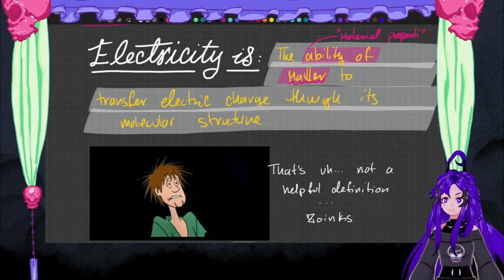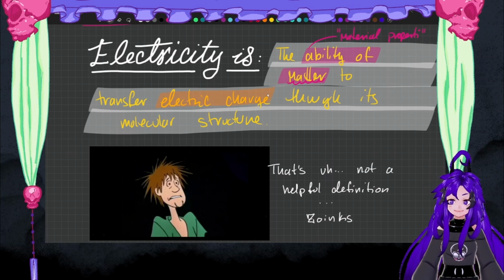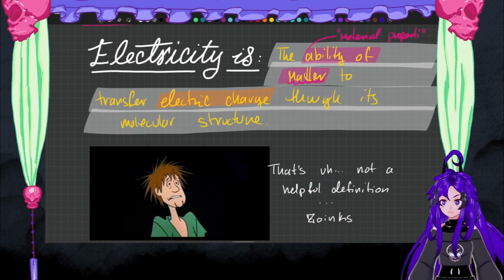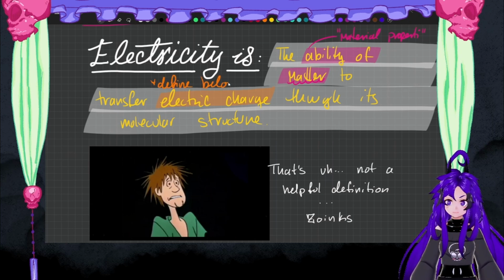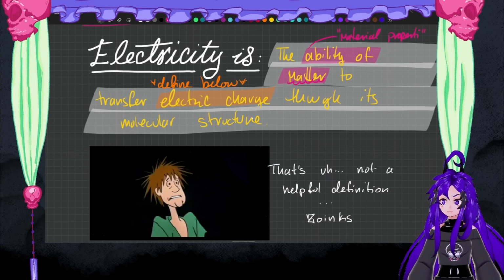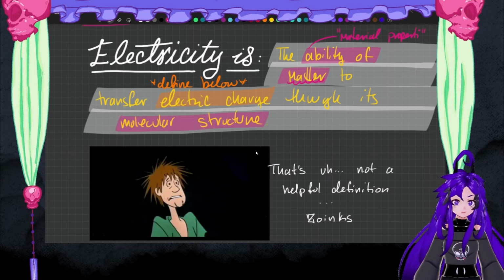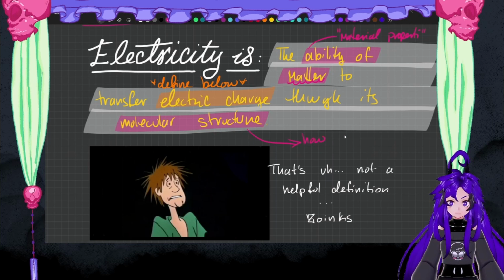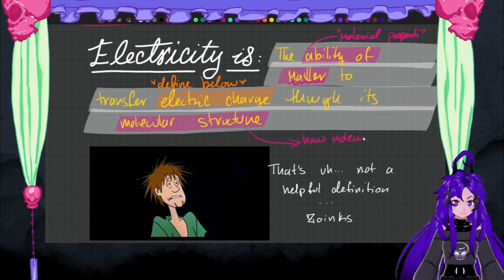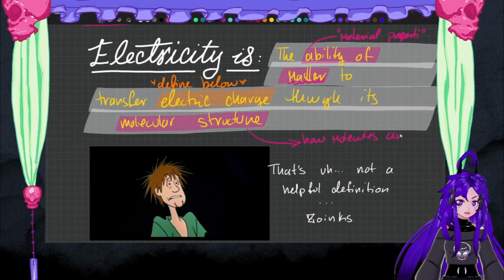All right, well, electric charges, that's something we'll probably have to define further down. We're going to define that one below. And then molecular structure, well, that one we probably have seen before. That is the material, right? That's how molecules are made of atoms.